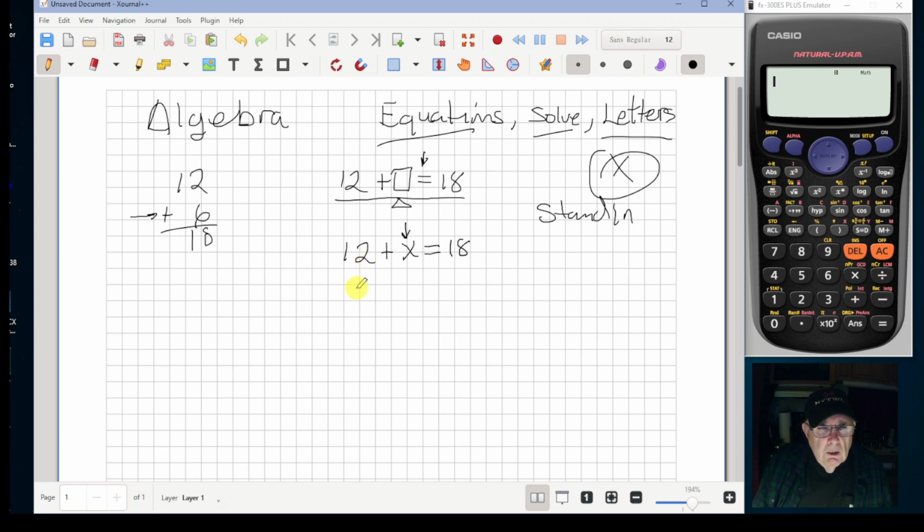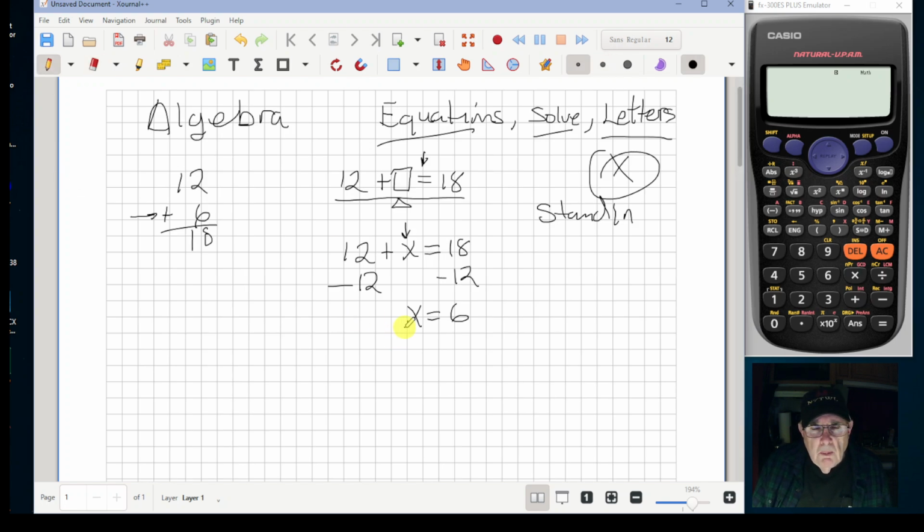You said that we could do any math operation we want as long as we do it to both sides of the equation. If I'm adding 12 to x, I can see that if I subtracted 12, and of course I have to subtract it over here too, 12 from 12 leaves 0, and we're left with just the x, and 12 from 18 gives 6. And I'll get rid of that 0 so we're not confused. I'll write that down.